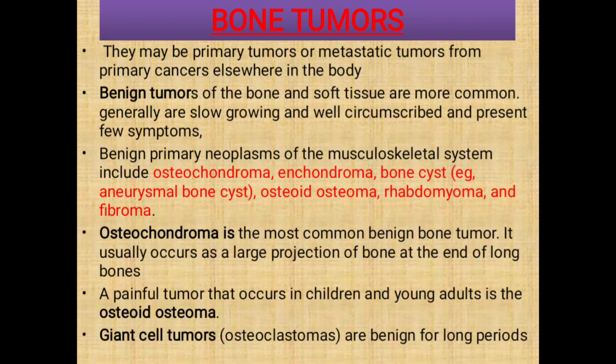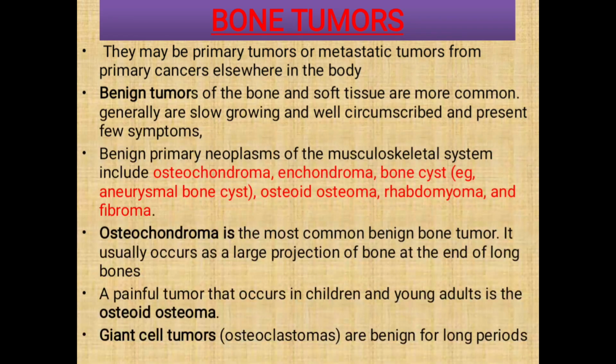So what is an osteochondroma? It is the most common benign tumor. This is the one you will hear most often. It occurs as a large projection of the bone at the end of the long bones. So it is a painful tumor that occurs in children and young adults, the osteoma.